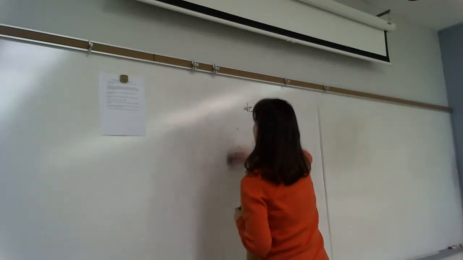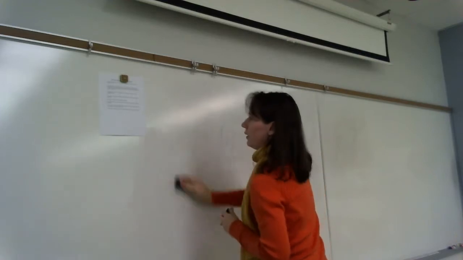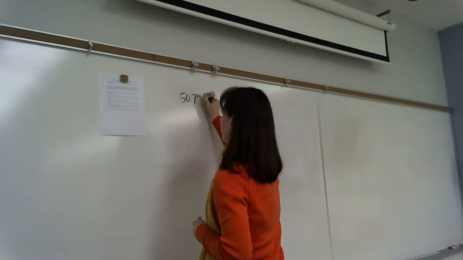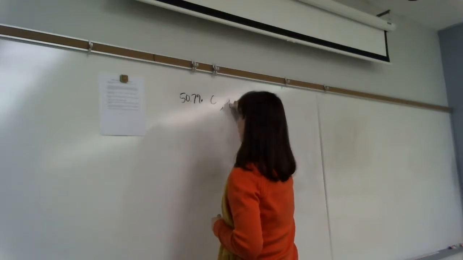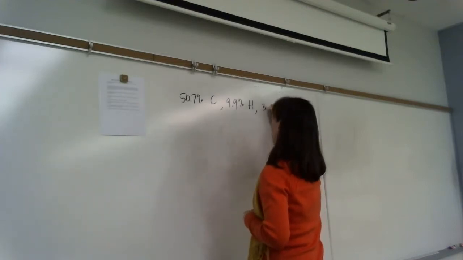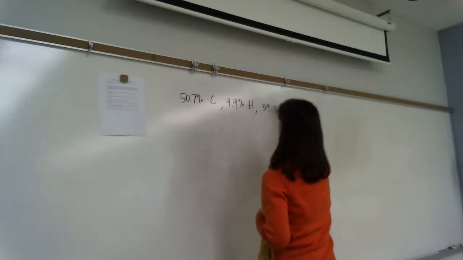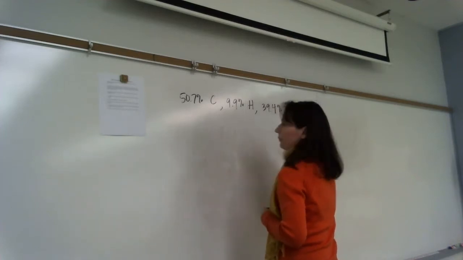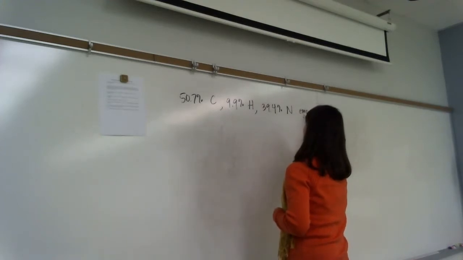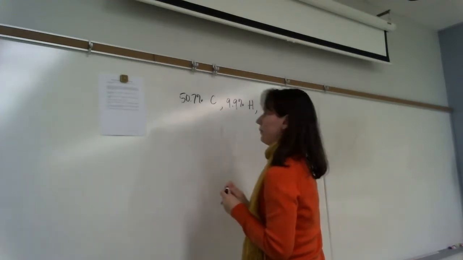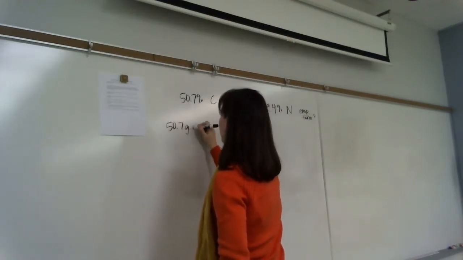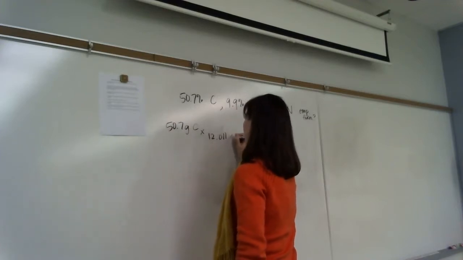Number 6 tells me a molecule has the composition 50.7% carbon, 9.9% hydrogen, 39.4% nitrogen. And I want to know what's the empirical formula. Okay, so here we go. 50.7 grams carbon, 12.011 grams per mole.